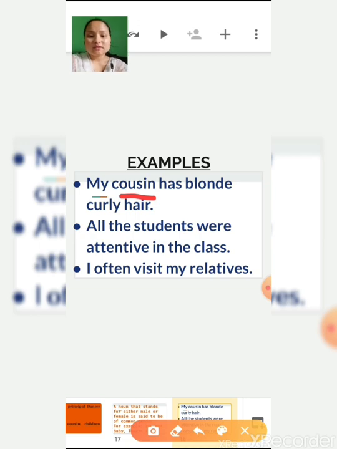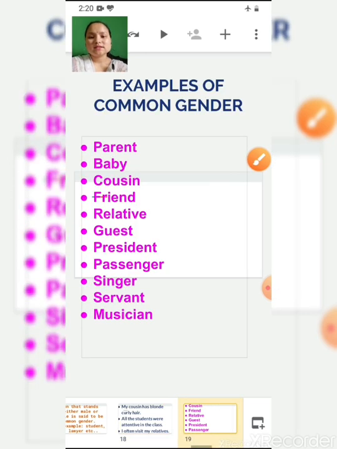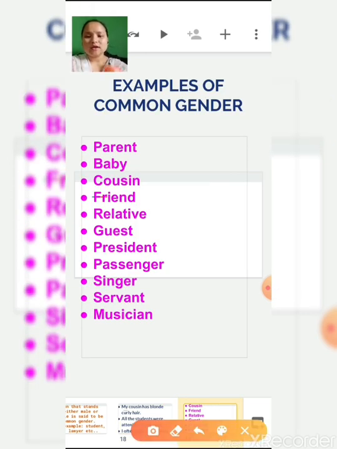Which word is denoting common gender here? Students. I often visit my relatives. Now here relatives is what? Common gender, because relatives can be male also or can be female also.